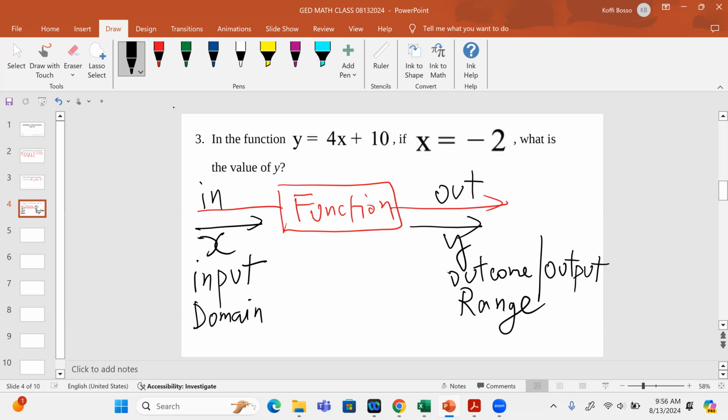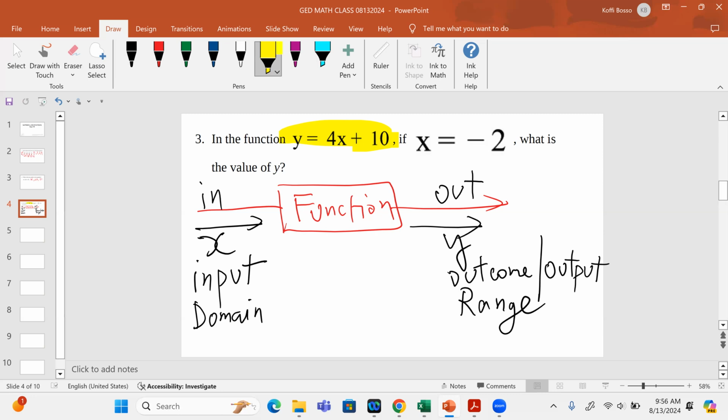But if we take this, they say in the function y is equal to 4x plus 10. That's the function they define. They say if x is -2, remember we say x is the input. X is what you're going to plug in the function.